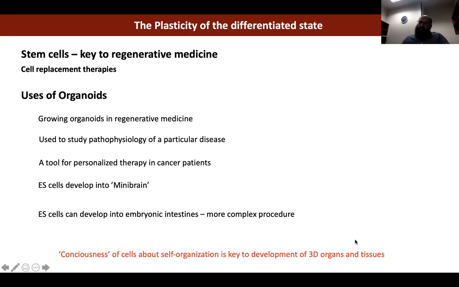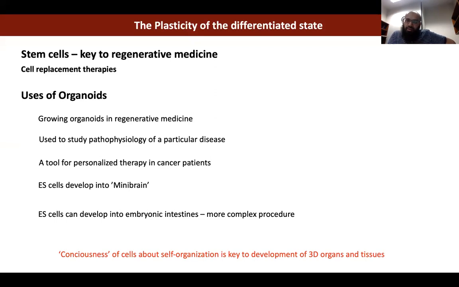So the important thing, which we do not yet completely understand, is how the cells self-organize, how the cells are conscious about their self-organization. And this is the key to the 3D development or the organization of a particular tissue into an organ. Because somehow, and it's most likely related to the factors that are present in the extracellular matrix. As we have seen previously in the example of the striated muscles, in the presence of extracellular matrix, striated muscles maintain their identity.